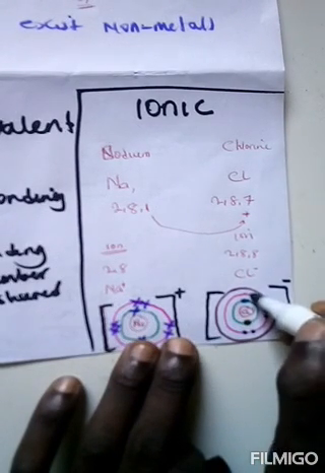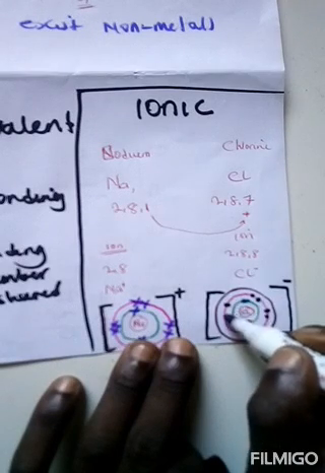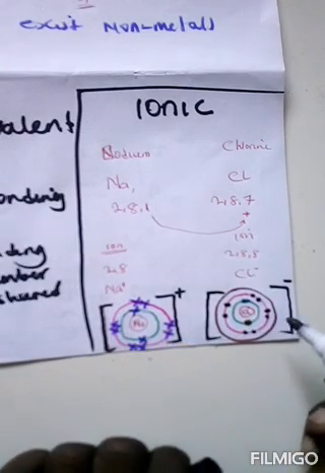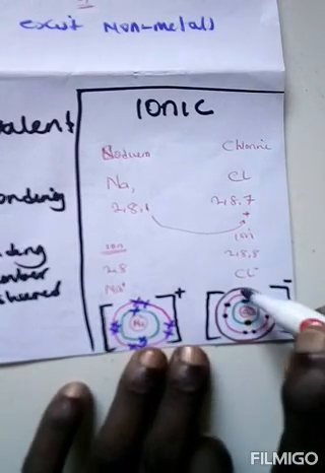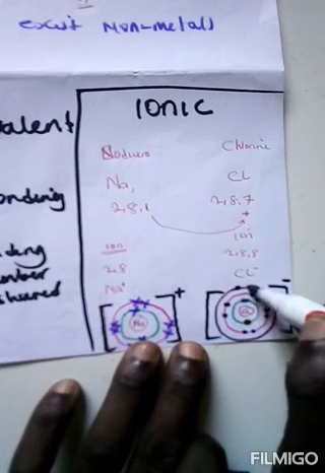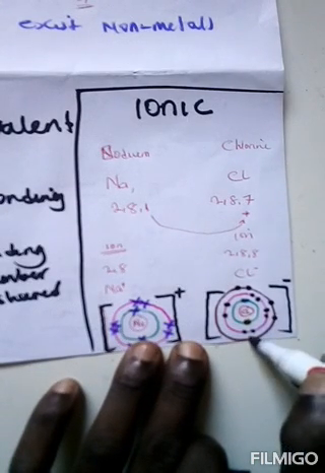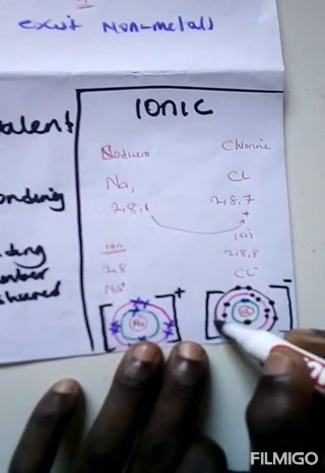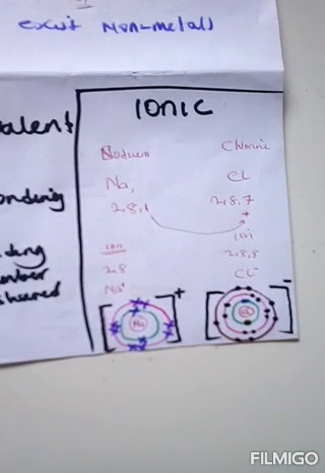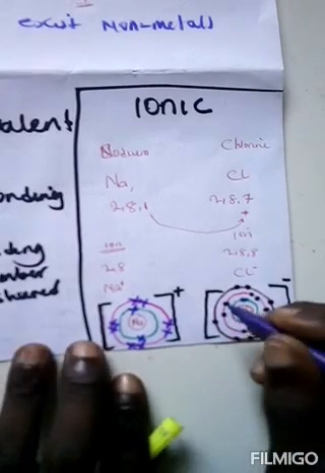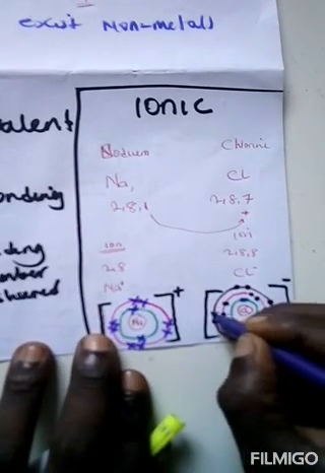So remember, only electrons in the outermost shell are very important, so these will be inside. Now we have 1, those are for chlorine, 2, 3, 4. Having these, the 8th electron in the outermost shell, that is the last shell, will come from sodium. So sodium's electron, I'll represent it by a cross.